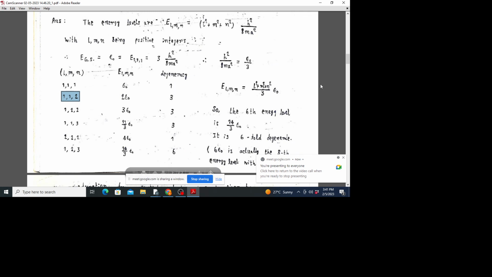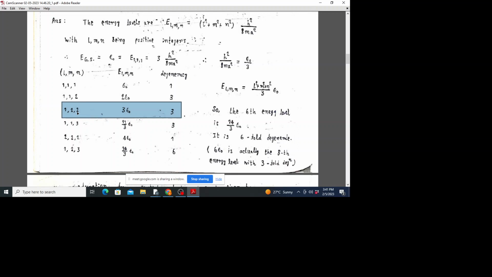Okay, so now let us move on. The third one is 122, and this is again degeneracy 3, because instead of 122 we could have considered 212 or 221. All of them give you energy eigenvalue 3 epsilon naught.